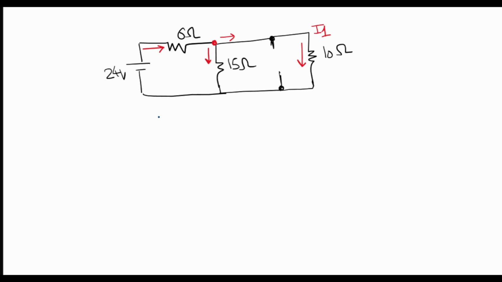The total current supplied from the battery would be 24 divided by 6 plus a parallel combination of 15 and 10. The parallel combination of 15 and 10 is 6 ohms. So 24 by 12 is 2 amps.